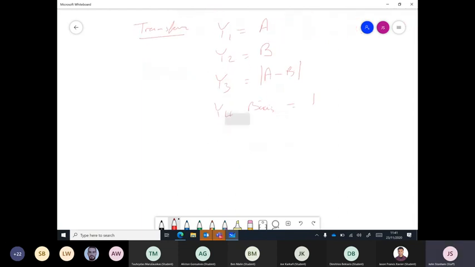So the data we have, A and B are the inputs, 0, 0, 0, 1, 1, 0, and 1, 1. It looks very much like a truth table, or the inputs on the truth table. You should be familiar with that. Let's add the bias.